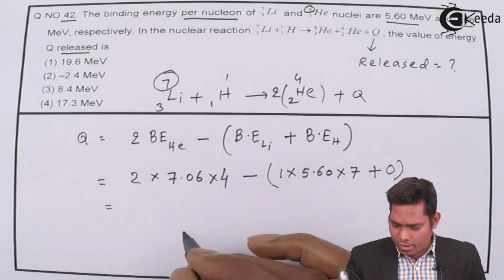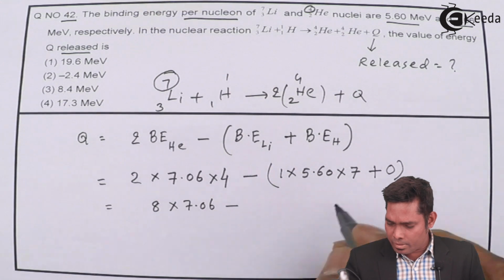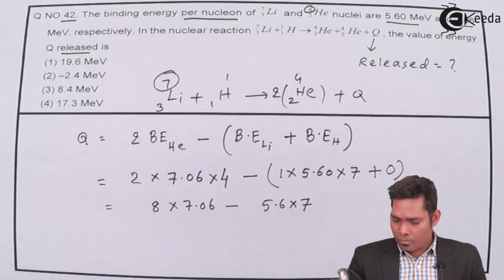If I solve this, this is 8 into 7.06 minus 5.6 into 7.